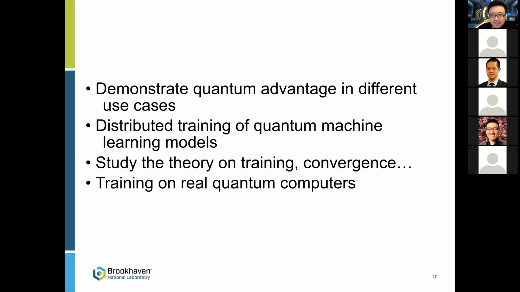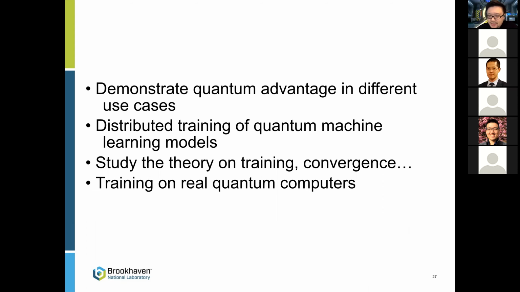Can we provide many more applications and demonstrate quantum advantage in more practical, real-world scenarios? And can we use distributed training to train quantum machine learning models, either to leverage large-scale parallel computing or for privacy-preserving AI?